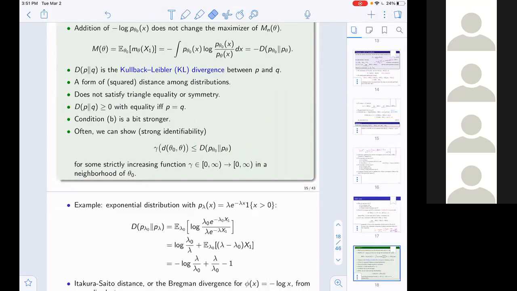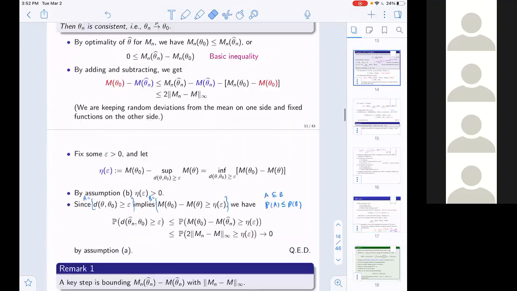Does that mean when the KL divergence goes to 0, then the estimated distribution actually is the same as if we evaluate the MLE? That's a little bit tricky.